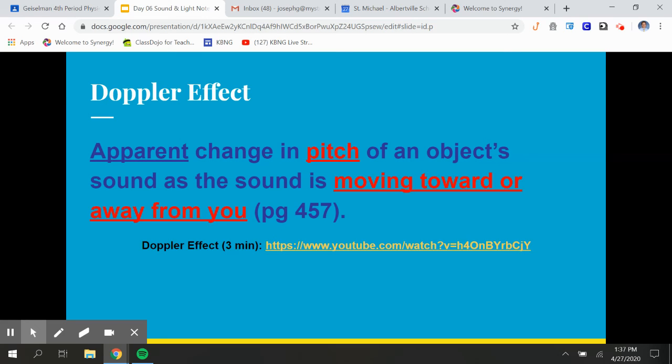So when we think about tight together sound waves, we think high pitch. And then the opposite is true on the back end. So as that car, or that ambulance or that fire truck, is moving, the pitch is actually going to get lower because the car is moving in one direction and the sound waves going to the back are going the opposite direction, making those apparent pitches lower because the frequency would be lower.